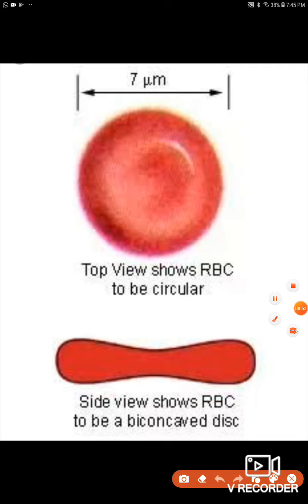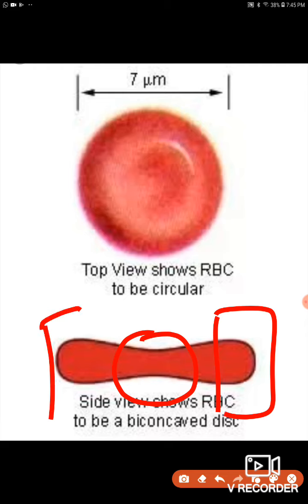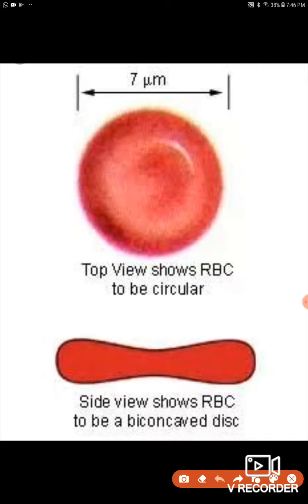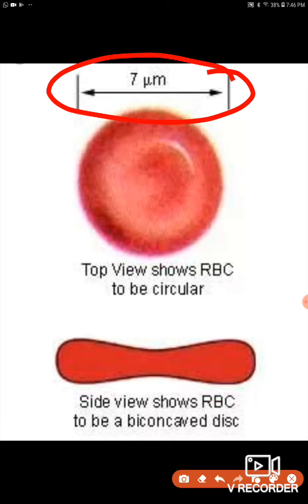At the center portion they are flat, and at the peripheral region they are somewhat rounded. So that's why it is called a biconcave disc-like structure. They are very small because the diameter is only 7 micrometers and the thickness is only 2 micrometers.